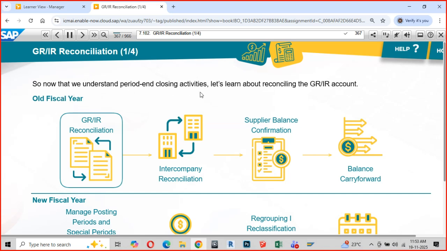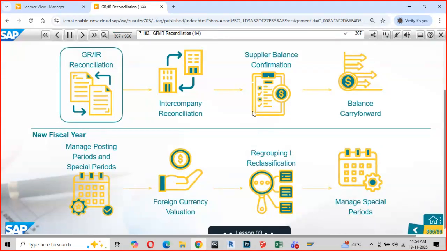So how do we understand the period end closing? Normally, the period end closing from the finance side, what do we do? First and foremost, carry out the depreciation, close the period, and open the new period. And these are all your typical happenings involving the other modules also.